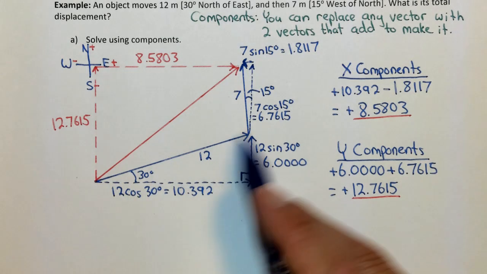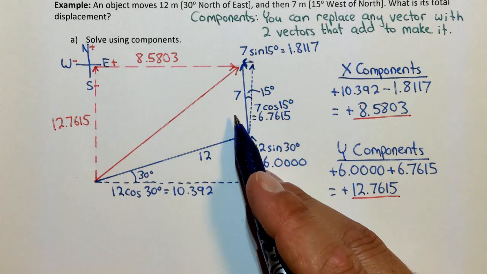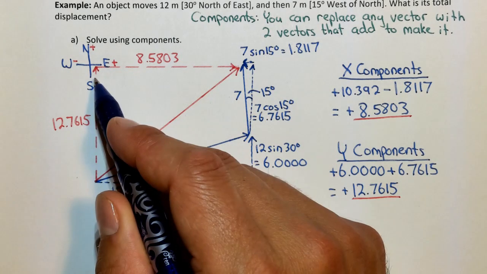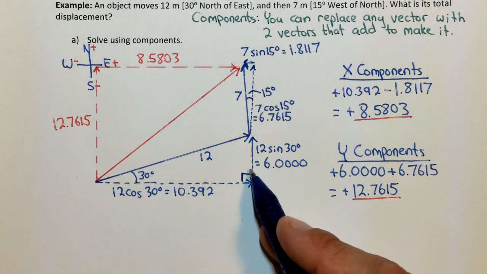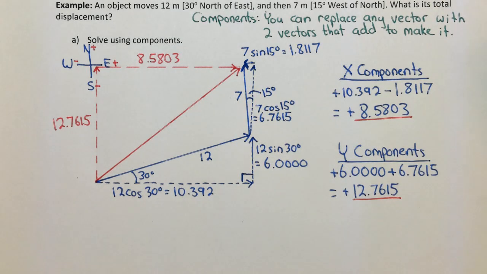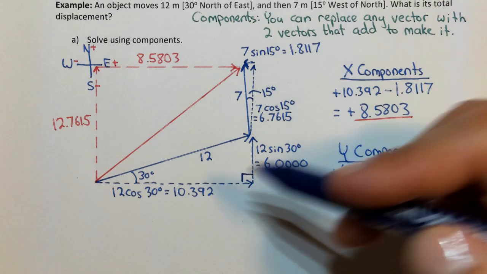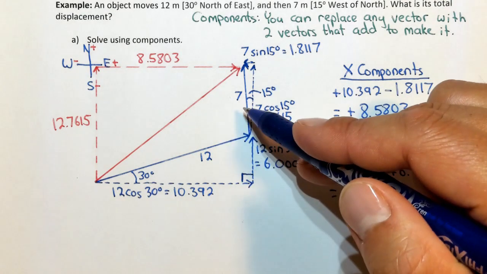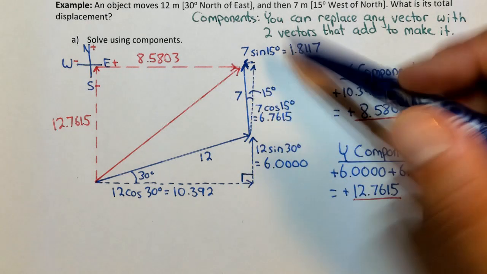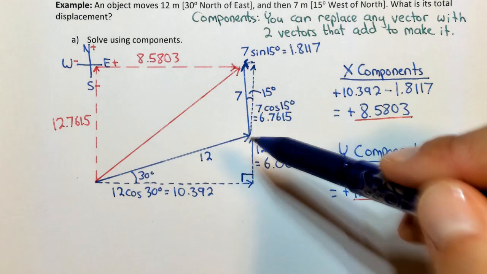So instead of looking at one triangle that didn't have a 90-degree angle, I've looked at three triangles, all that do have 90-degree angles. And this is kind of the essence of the component method, is it allows us to do more work, three triangles instead of one, but with simpler math, 90-degree triangles instead of one that's not.